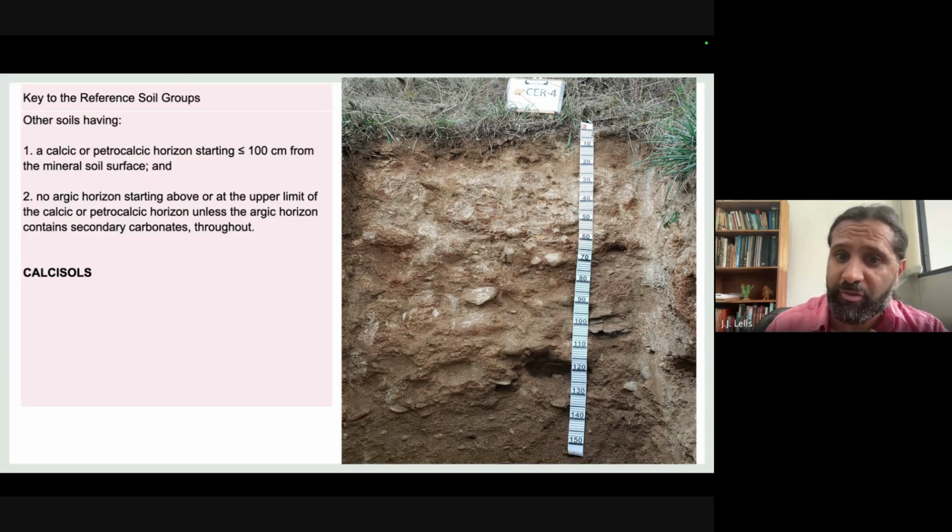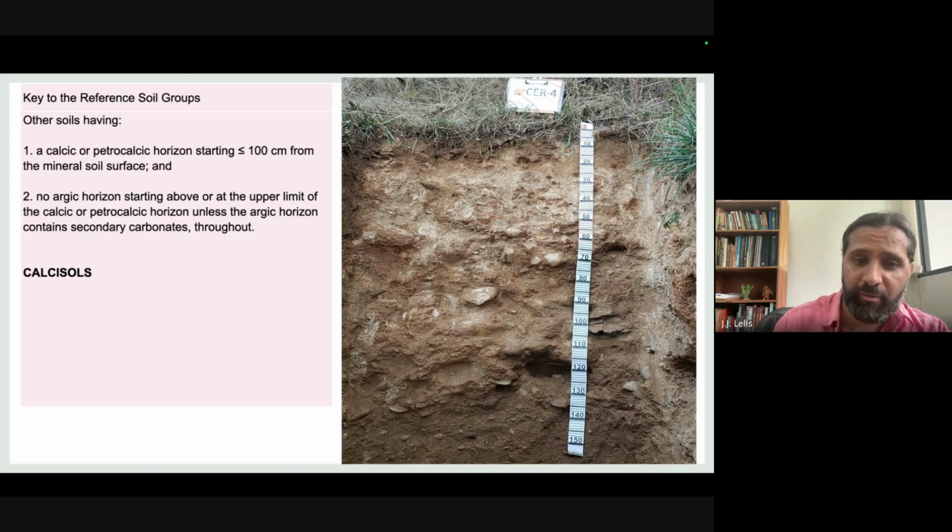And because of these two horizons, we call it a gypsic soil. If we do not register gypsic or petrogypsic horizons and calcic or petrocalcic horizons, then maybe we can call it a calcic soil.